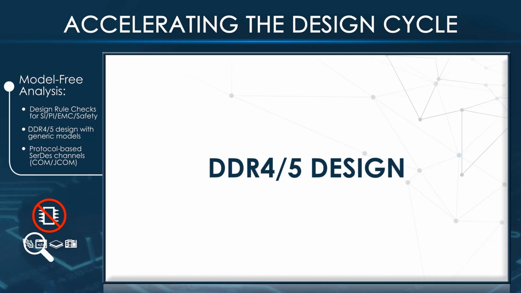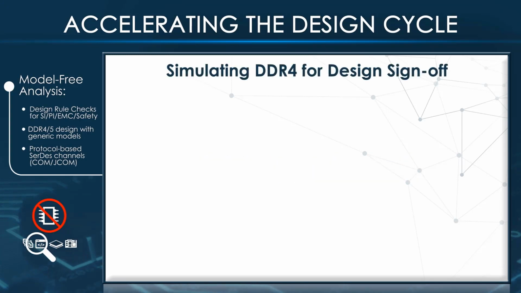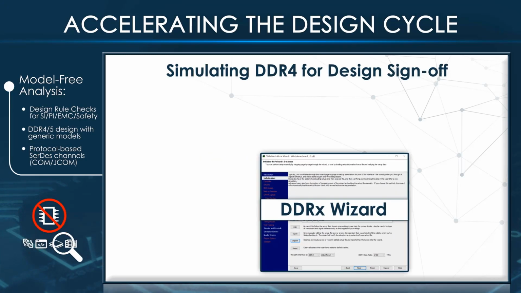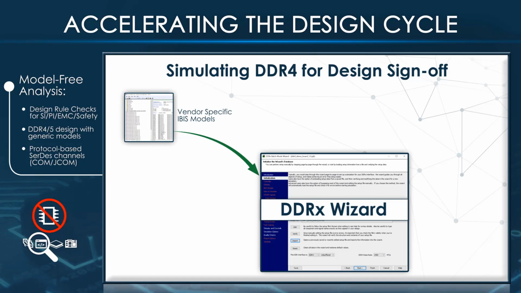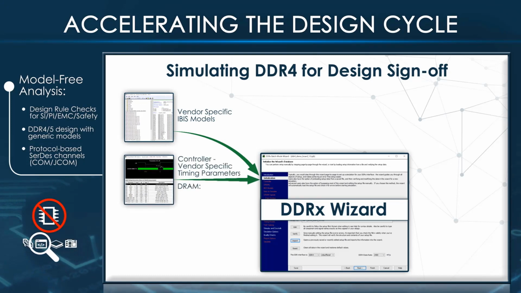Now, another thing that you can do for DDR4 designs is actually run an analysis, and of course you need to do that in order to figure out what kind of timing margins and eye diagrams you're going to have. In Hyperlinks, we do this in the DDRX wizard. The inputs are IC models from your vendor, timing parameters from your vendor, and of course your design or your layout.